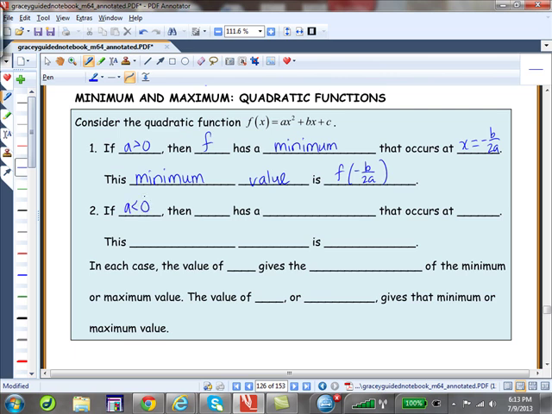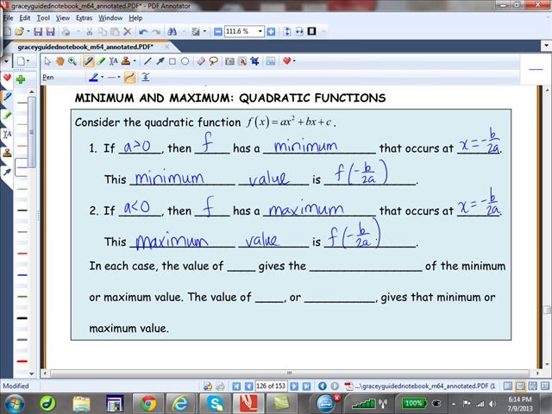Now, if a is less than 0, then f has a maximum because it opens downwards, so it's going to have a maximum that occurs again at x equal to negative b over 2a. This maximum value again is the function evaluated at negative b over 2a.